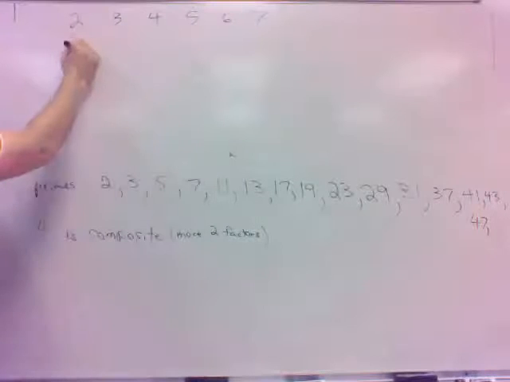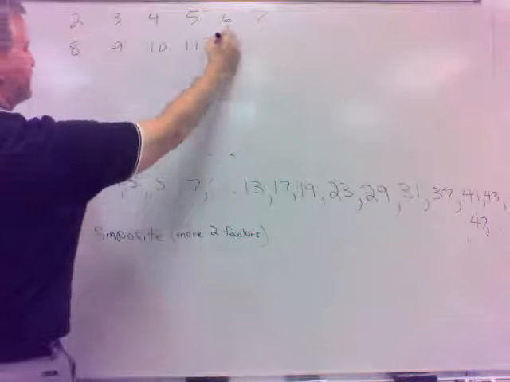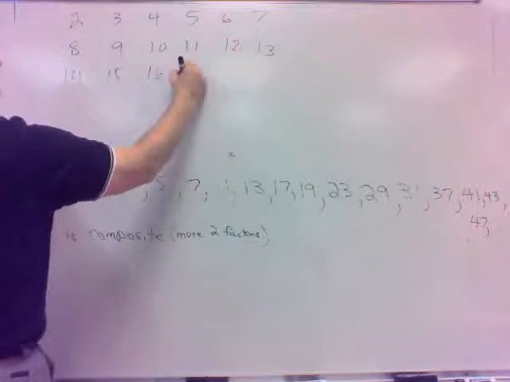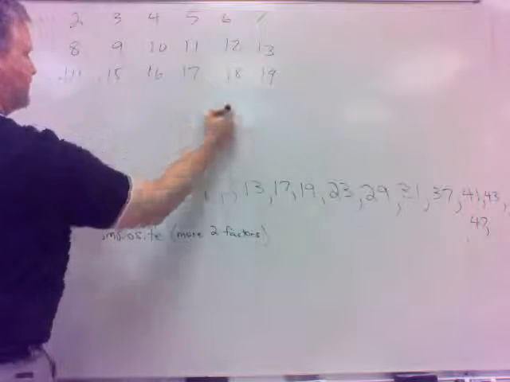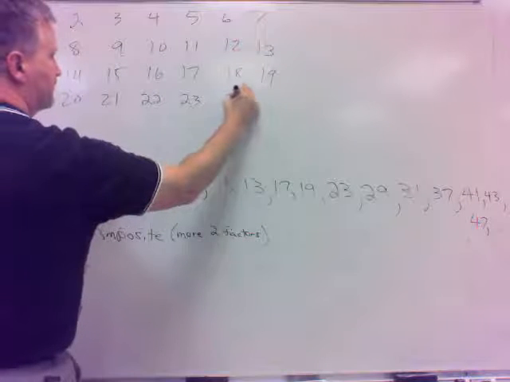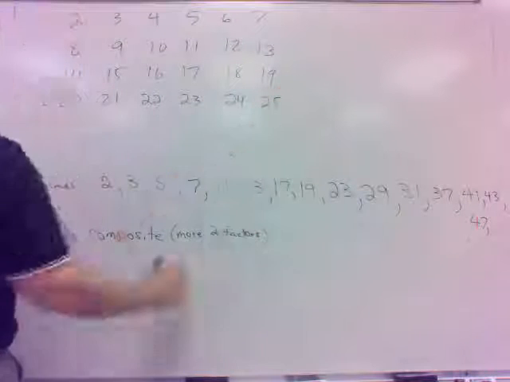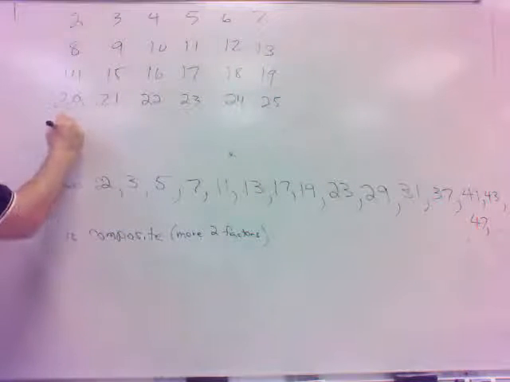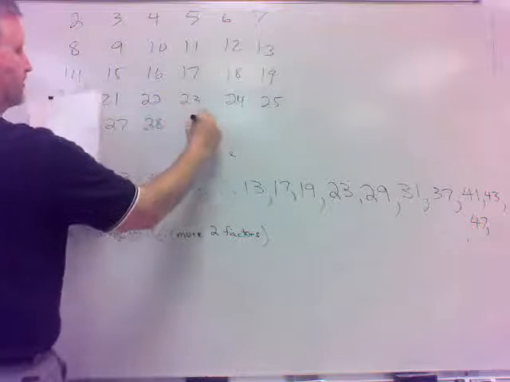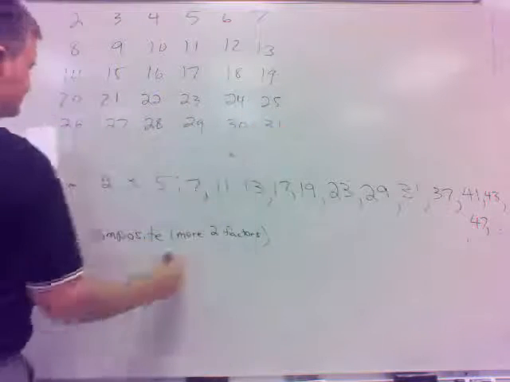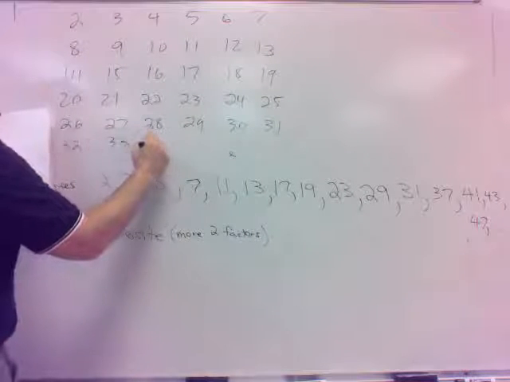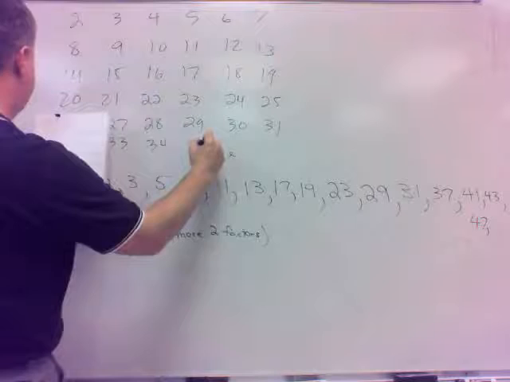And then just keep going there. 8, 9, 10, 11, 12, 13, 14, 15, 16, 17, 18, 19, 20, 21, 22, 23, 24, 25. Make it pretty long. Let's go out to 37.